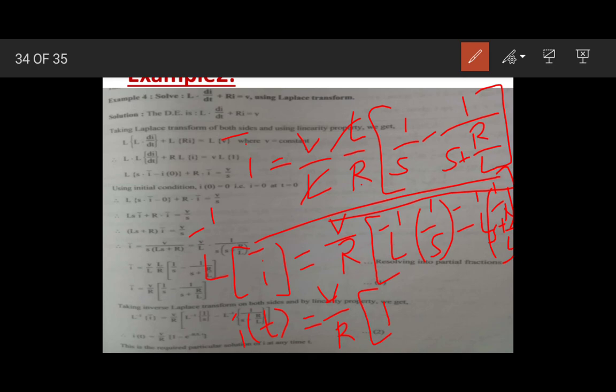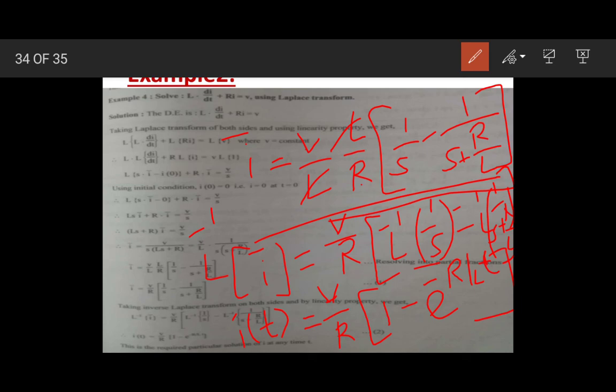We know that Laplace of 1 is 1 upon S, and hence inverse Laplace of 1 upon S will be 1, minus inverse Laplace of 1 upon S plus R upon L. So it will be e raised to minus R upon L t.